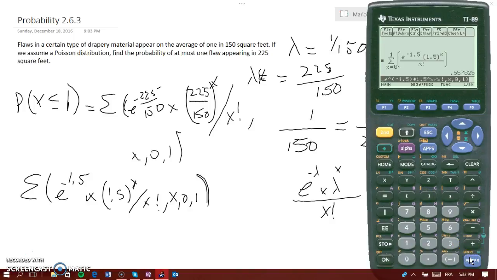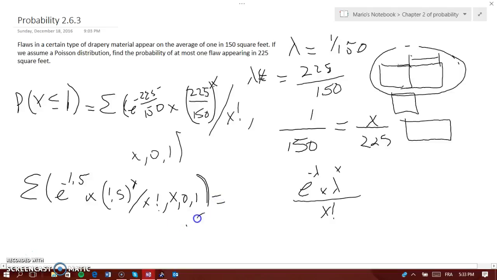Then your answer would be equal to 0.558.